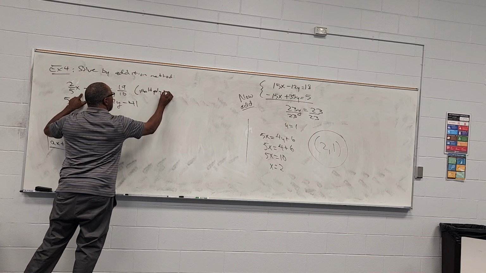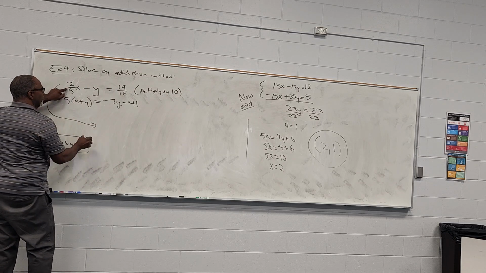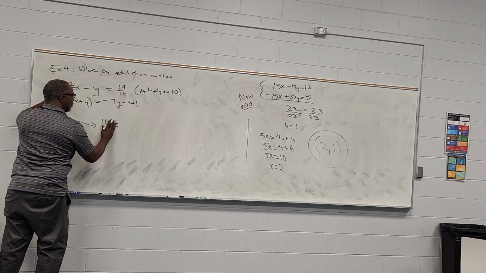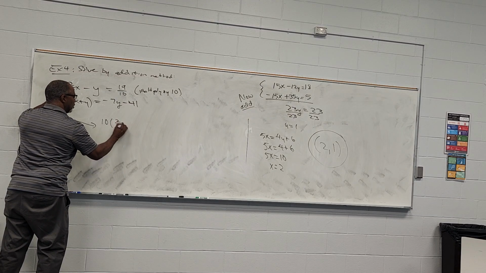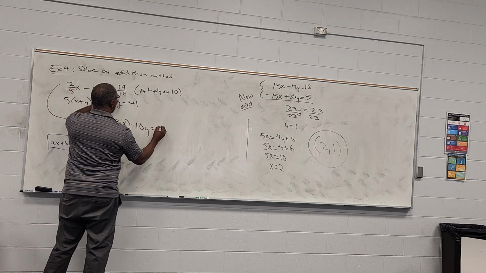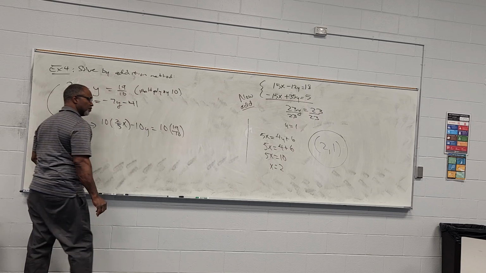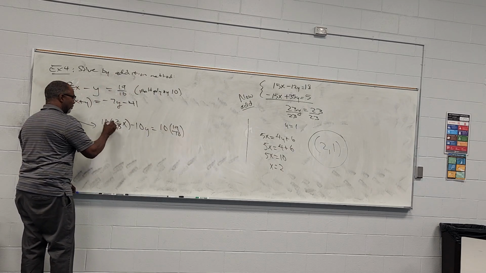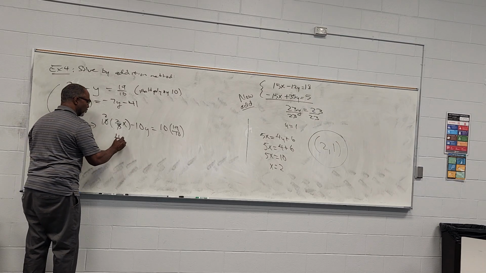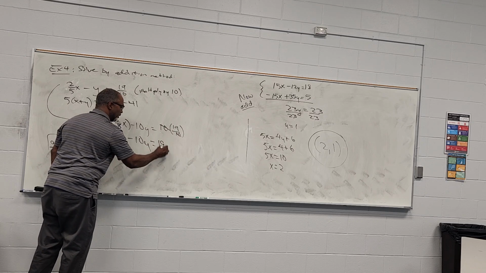If I multiply everything by 10, 10 times 2 fifths x minus 10 times y. Every term on both sides, 10 times 19 over 10. Well, 5 goes into 10 twice. 10 over 5 is 2. 2 times 2 makes 4x minus 10y equals 19, as the 10 cancels.